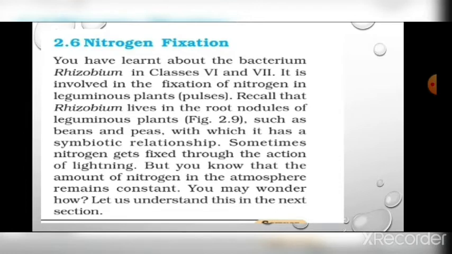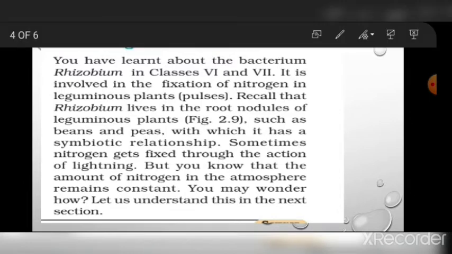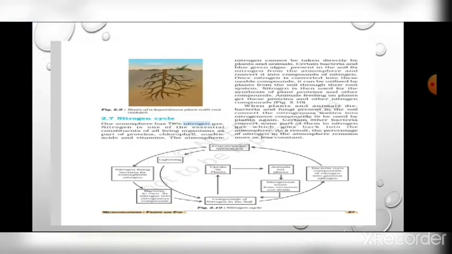So how does the percentage of atmospheric nitrogen remain constant in spite of it being fixed by the lightning process and the rhizobium? So let us understand how nitrogen moves in a cycle and its percentage is fixed in the environment, in the air.